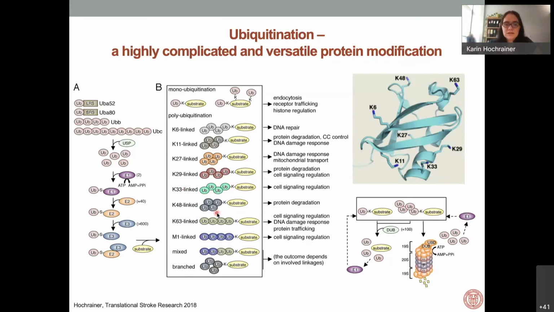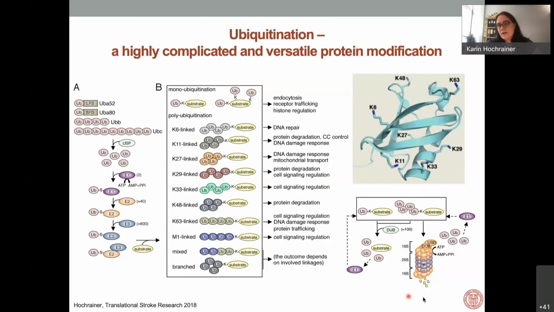For example, the K48-linked chain is the prototypical chain recognized by the proteasome, which is again depicted here. The proteasome likes this chain to be very globular. K63-linked chains, on the other hand, are very linear and will never be a proteasomal target, and they fulfill very different functions within a cell.